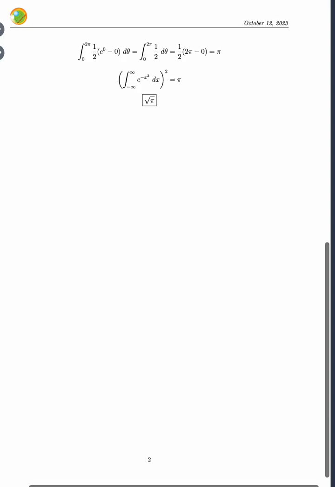Now we know that area is definitely positive, right? Since it's going from left to right, and it's always above the axis. So therefore, the answer is simply the square root of pi, and we are finally done with this problem.